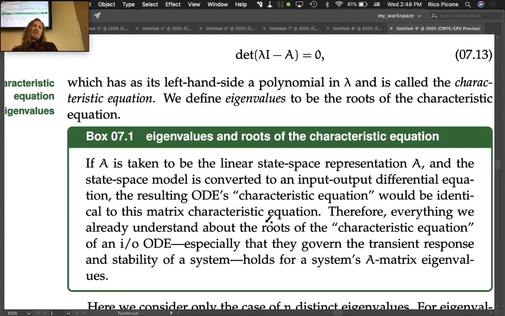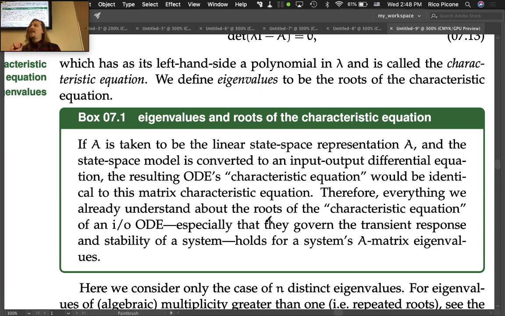Interesting. Box 7.1 is going to unpack that a little bit. I did add this so that the box isn't missing from some of your notes if you printed them at the beginning of the semester. I liked the box because it just called out some stuff. So if A is taken to be the linear state space representation A, and the state model is converted to an input-output differential equation, the resulting ODE's characteristic equation would be identical to this matrix characteristic equation.